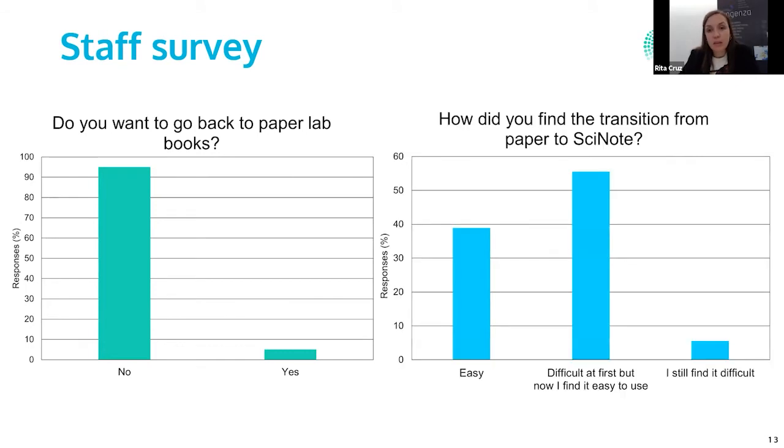I also asked them, how did they find the transition from paper to SciNote? About 40% said it was very easy. And over 50% said it was difficult at first, but now I find it easy to use. I would say that I would probably fit in this category as well, because it was quite overwhelming, particularly for me, because I wanted to make sure we made the right decision, and I was always trying to find issues with any system we tried.